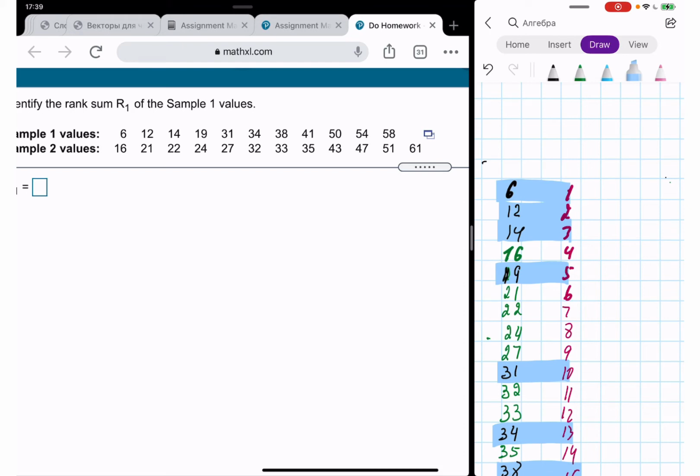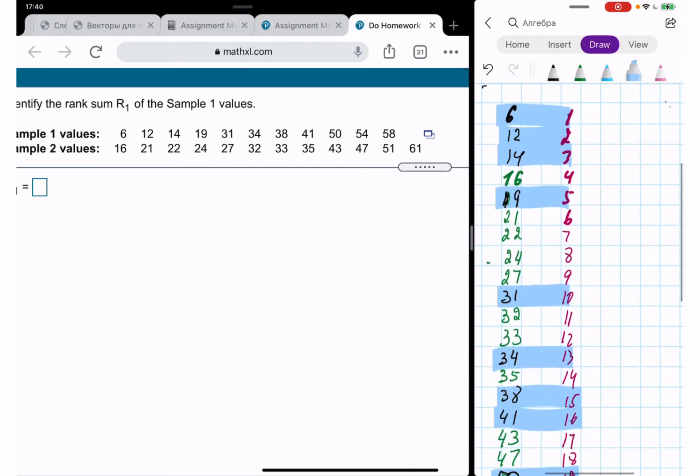I'm going to use my calculator to go fast. 1, 2, 3, that's 6, plus 5 is 11.